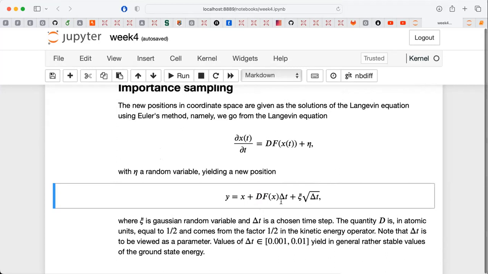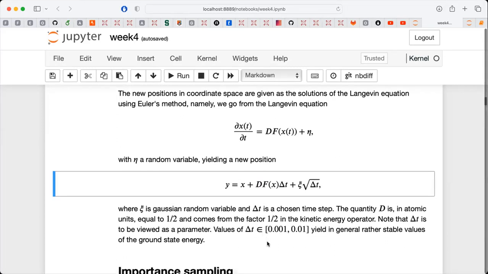There is also a parameter delta t which we need to tune, and this delta t corresponds to the same step size we had in the brute force algorithm. If we make it too large, we jump in and out of the distribution. If we make it too small, we stay in the same position for very long times.